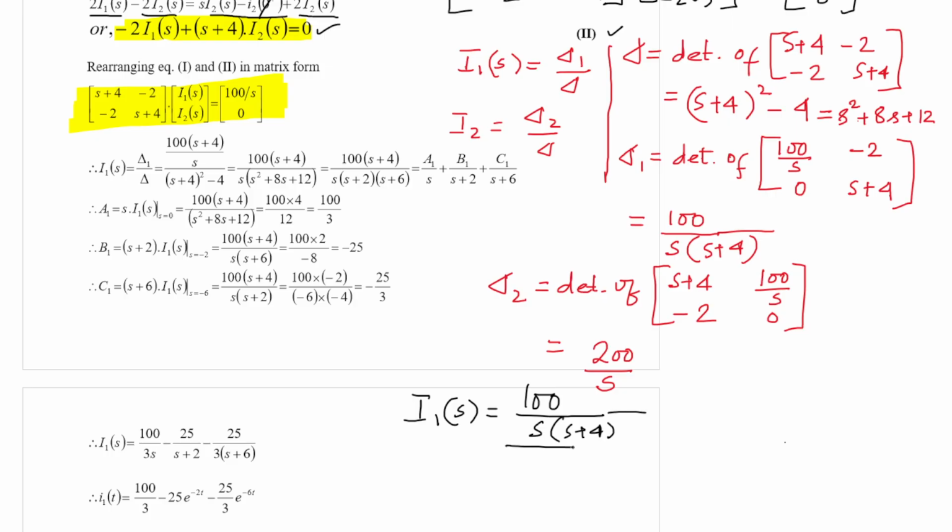And what is delta? Delta is nothing but s square plus 8s plus 12. Now if you factorize s square plus 8s plus 12, it should be written as s plus 6 into s plus 2.